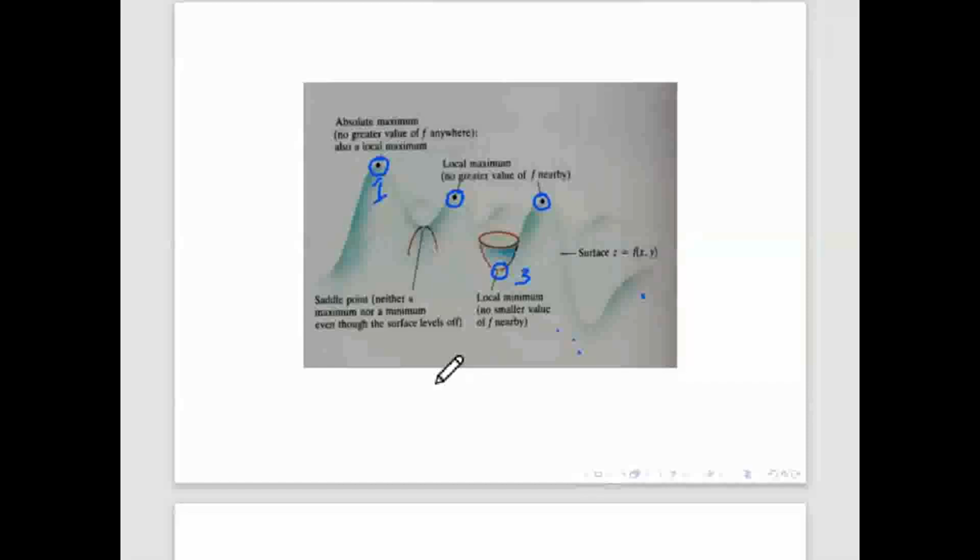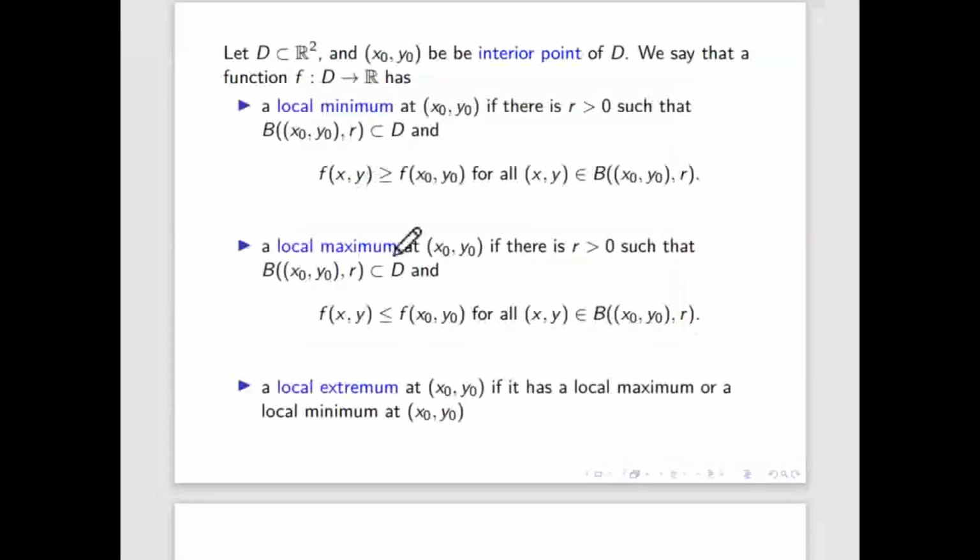So what should be the definition of a saddle point? It is neither a maximum nor a minimum. This is the definition of a maximum, and this is the definition of a minimum. So what will be the saddle point? Neither a maximum nor a minimum. That means in this disk there exists some point where this value is greater, and also there exists some point in that disk where f of x0 comma y0 is less.